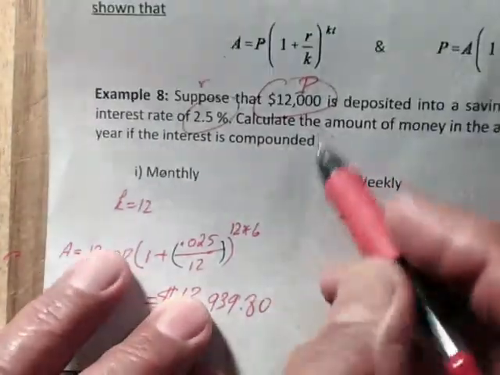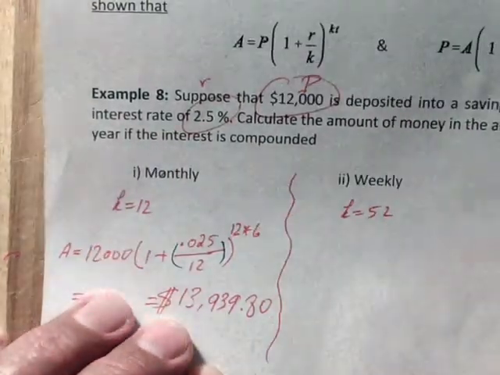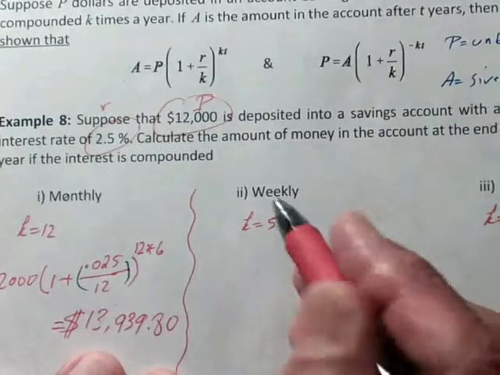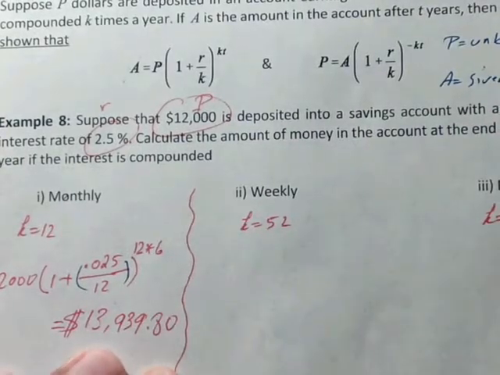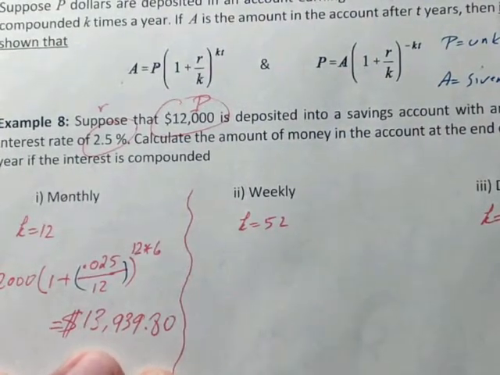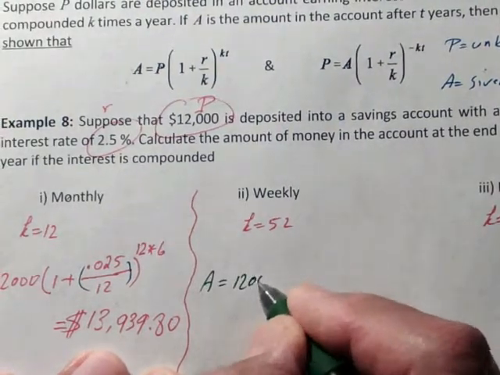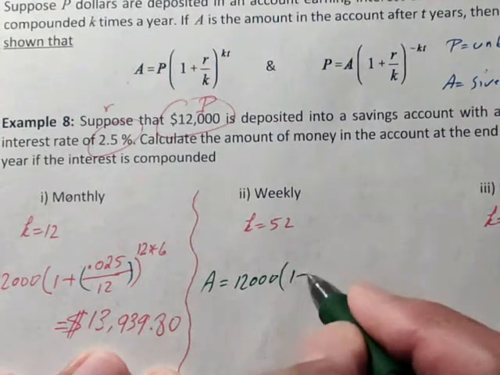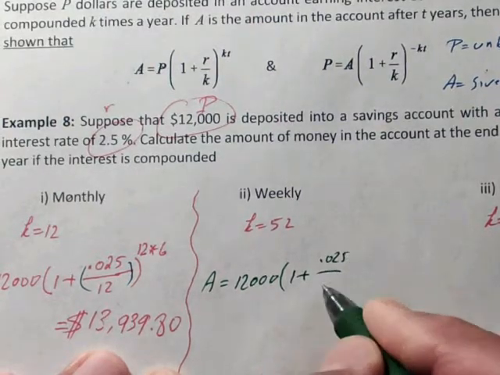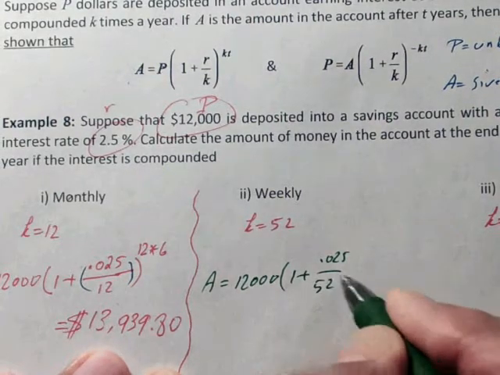Now we can even do better. If we do it weekly, it's going to be even bigger. You see, so A is equal to 12,000 times 1 plus 0.025 divided by 52.